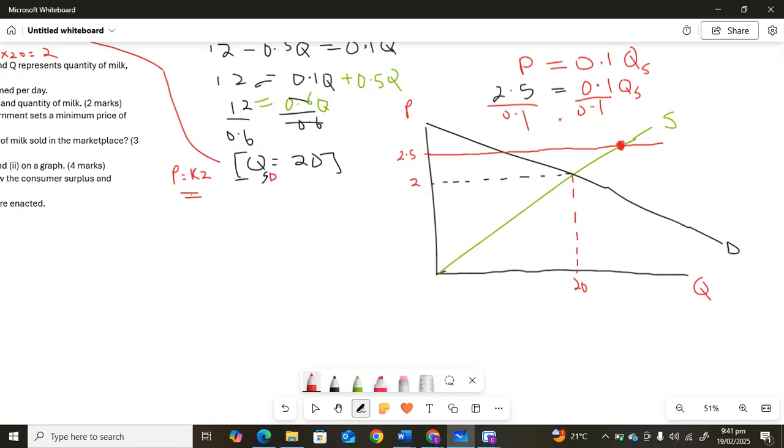Okay, so 2.5 divided by 0.1, 25 units. So this is the new amount of milk sold in the market.